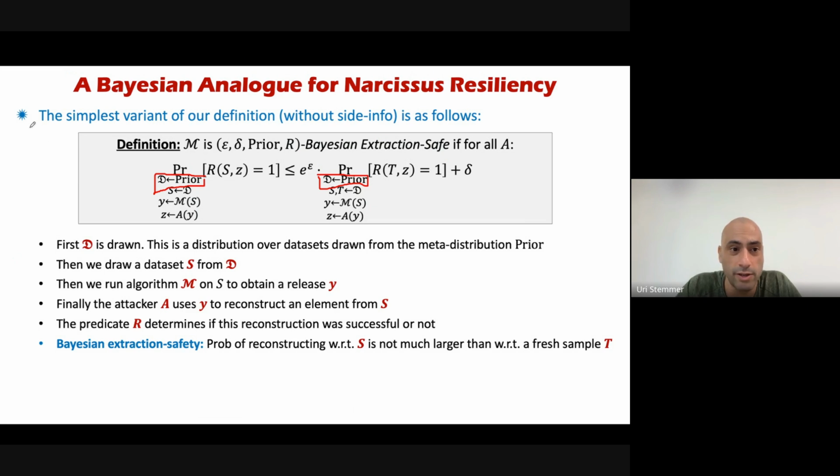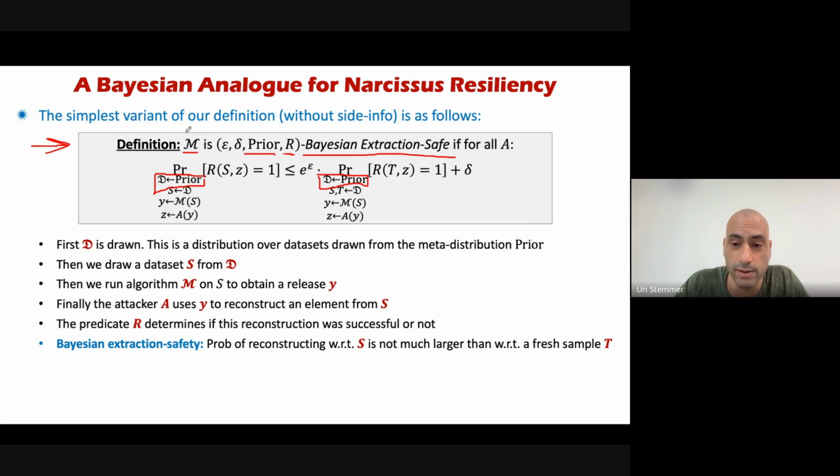So let's read this definition together. A mechanism M is, we call this definition Bayesian extraction safe with respect to a meta distribution prior and with respect to a reconstruction relation R, if the following holds.